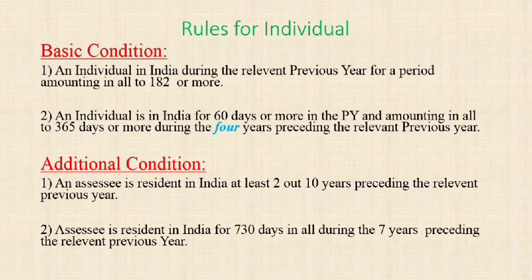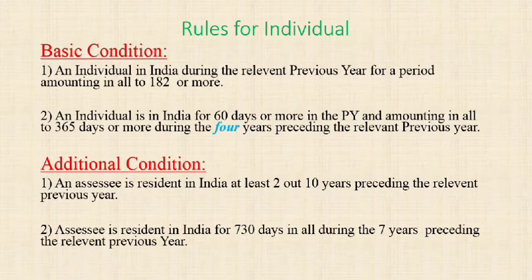Then see the additional conditions. The first additional condition is that the assessee has been resident in India for at least 2 out of 10 years preceding the relevant previous year. Here also I want to be clear with you. Our previous year is 2019-20.